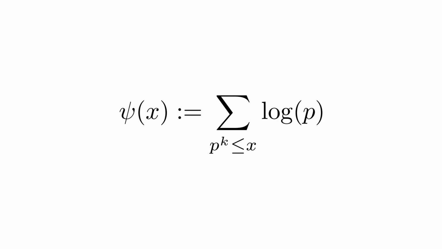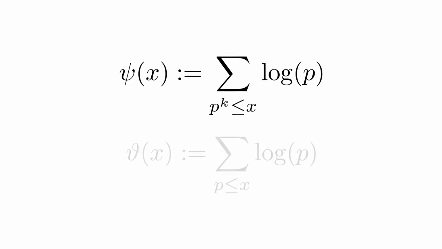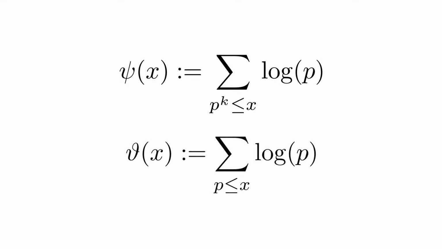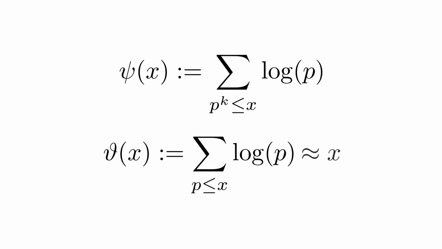In the first video, I showed you a number of graphs of the closely related function theta of x, which is the sum across the primes less than or equal to x of log of p. And the punchline of those graphs and the work we did in that video was that this theta of x is approximately equal to x.